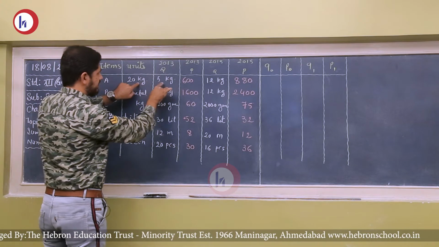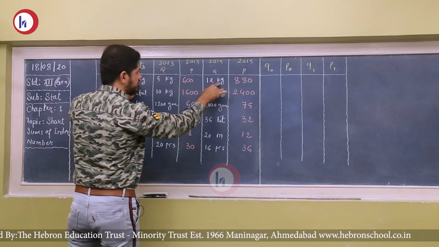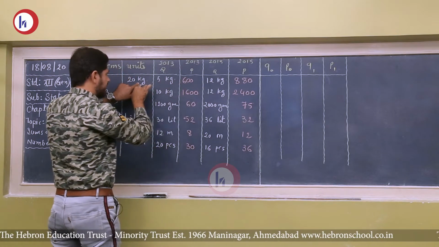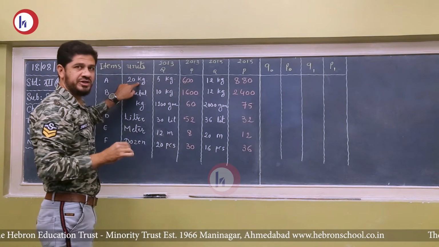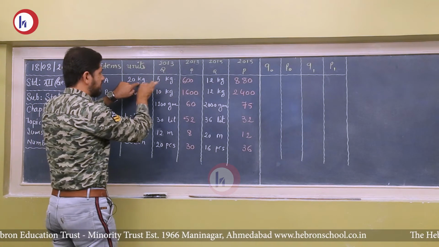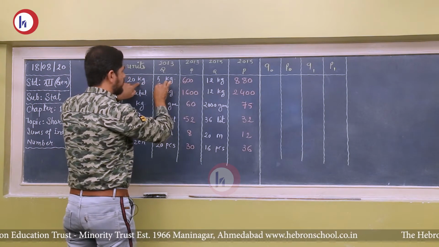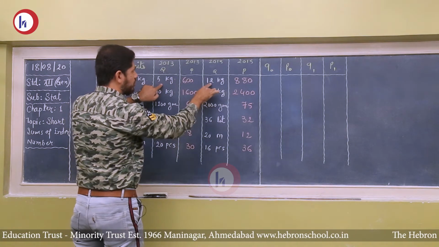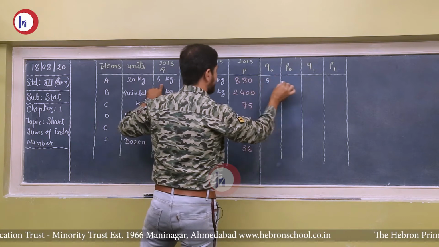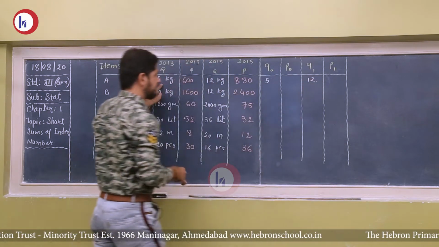We can see the same unit on two different quantities. If the units are the same, we need not rectify the value, so we will copy the same value in both the Q columns. So it is 5 and that is 12.